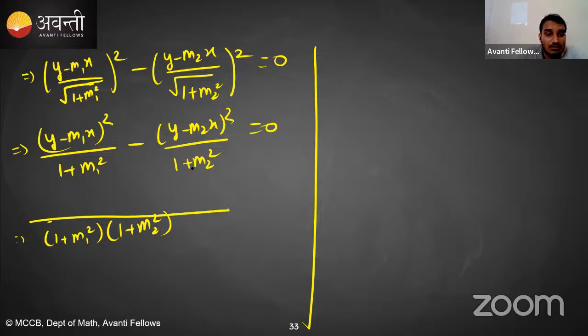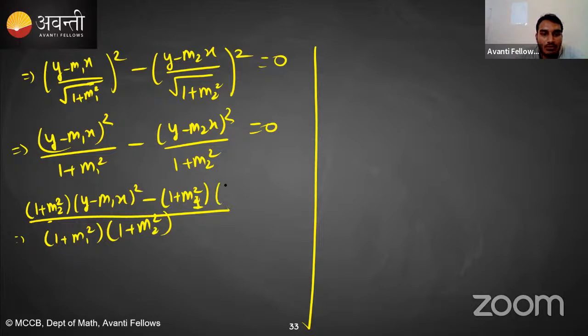In the numerator, this will multiply with this. So it is nothing but (1 + m2²)(y − m1x)² minus (1 + m1²)(y − m2x)² is equal to 0. Clear? Send the denominator to the right-hand side and it becomes 0.